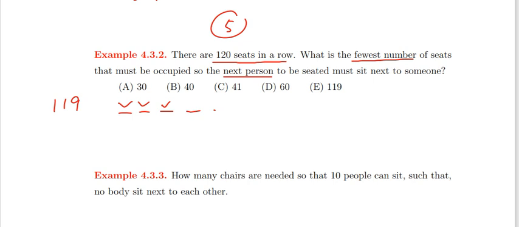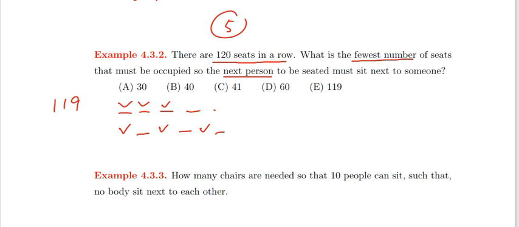So this is too big, so we reduce this number. How about this case? Some people sit here, so nobody here. Some people sit here, nobody here, like that. What's the case? We can say the case is like that.